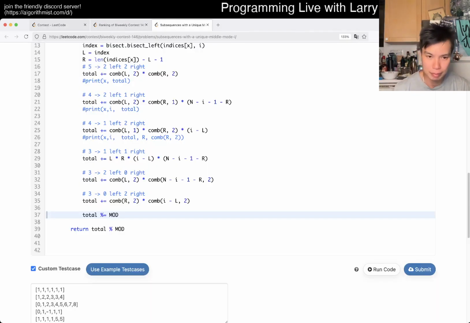Okay. How do I do this one? I mean, can we enumerate the cases? But then we have to be careful.